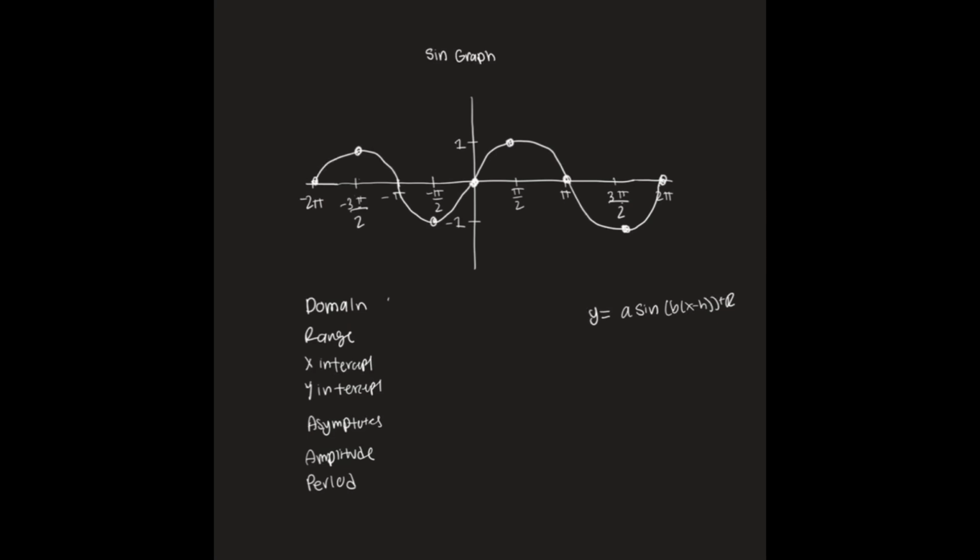So the domain of this would be all real numbers. The range would be -1 to 1. The x-intercept would be x equals n pi, n being integers.